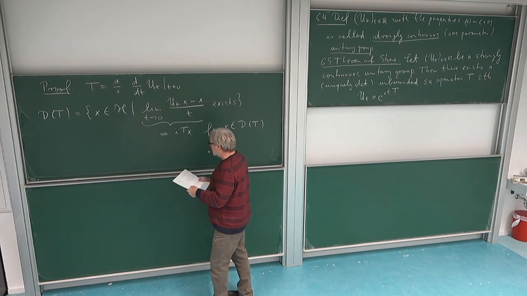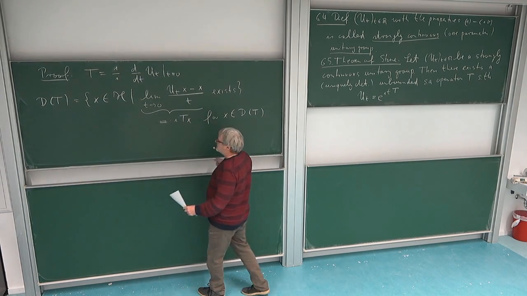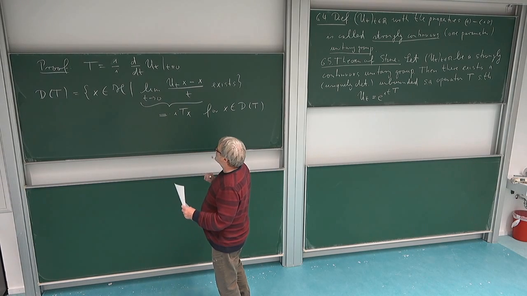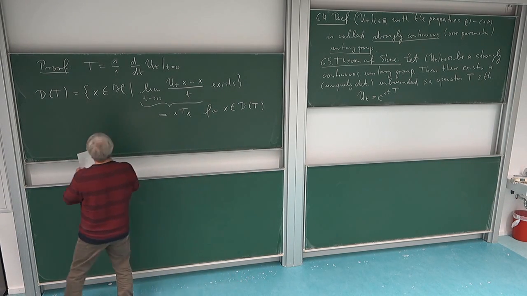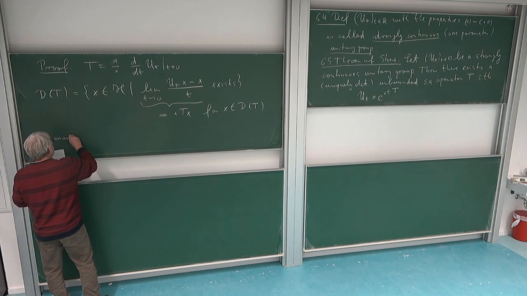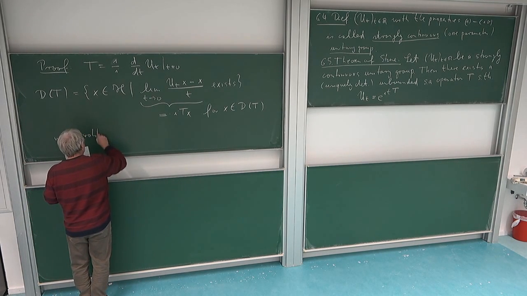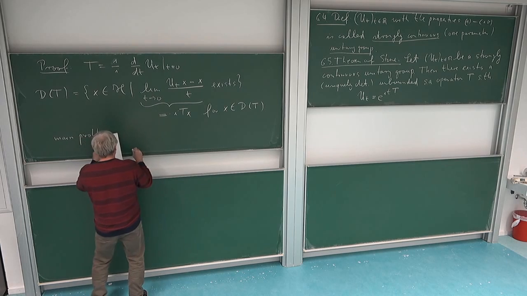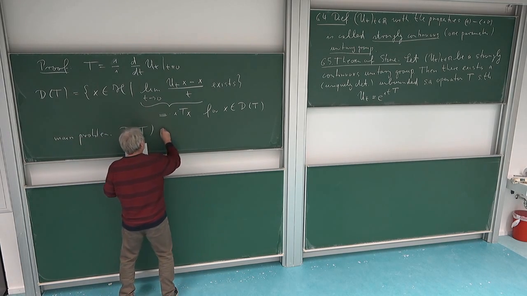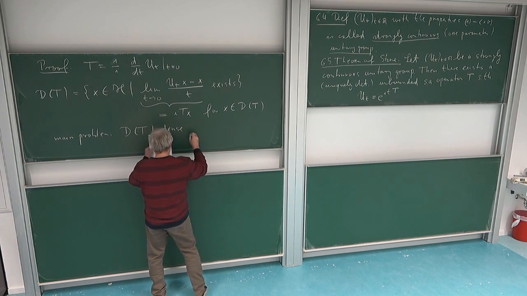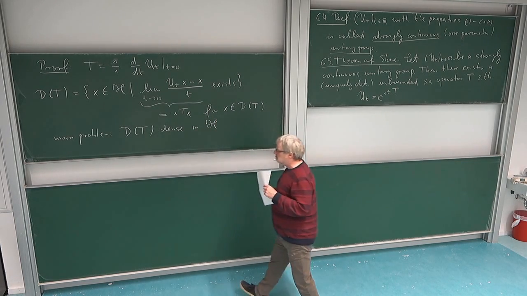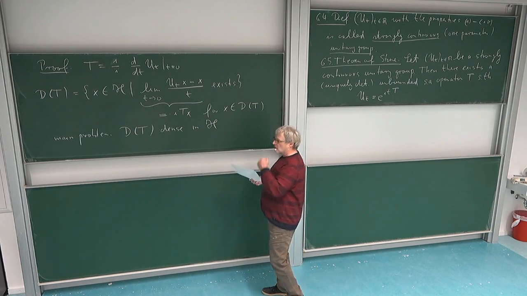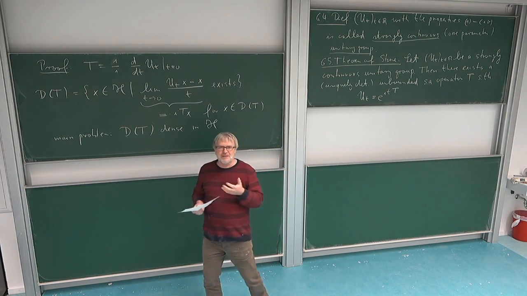So the main problem in this context is to see that D(T) is dense in H.